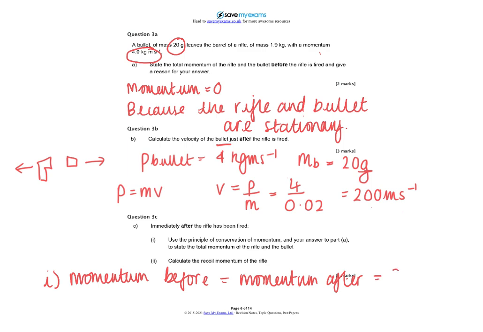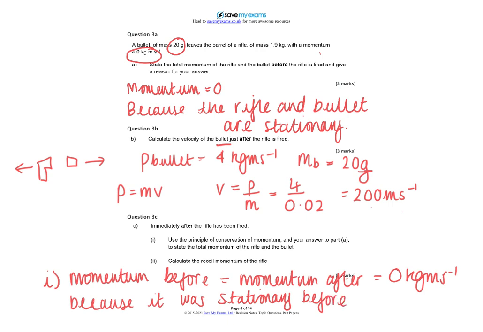And we know that overall it's going to be 0 kilogram meters per second because it was stationary before. So before we did anything, we had 0 momentum because nothing was moving. Therefore, we must have total momentum after also of 0.